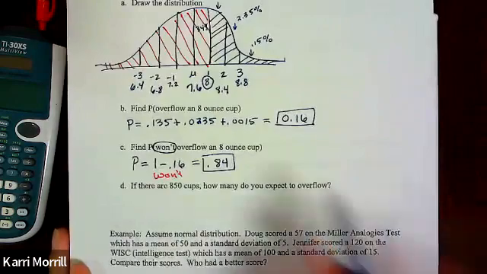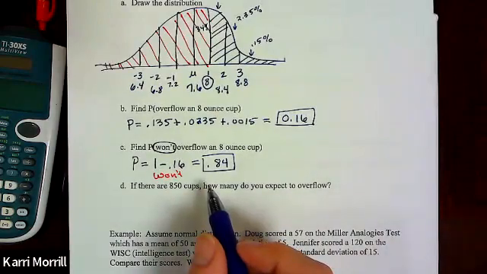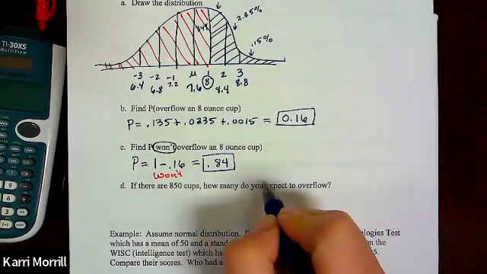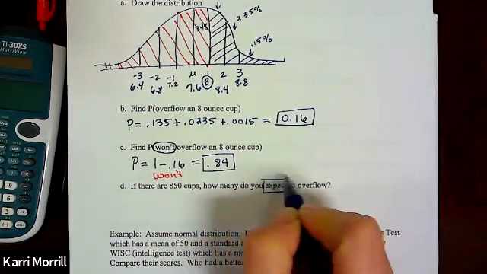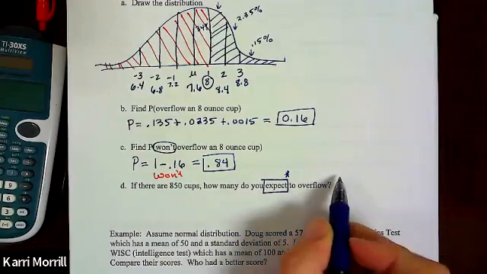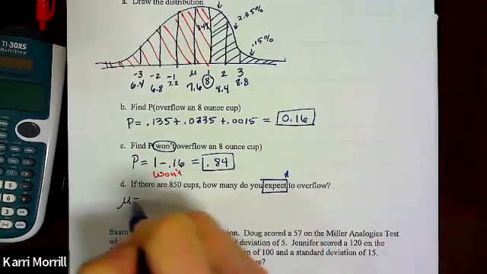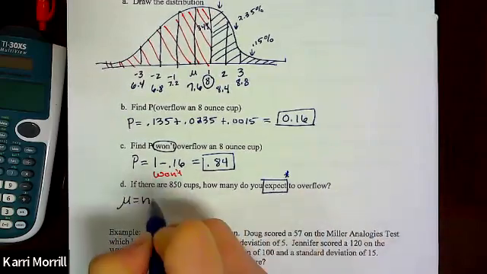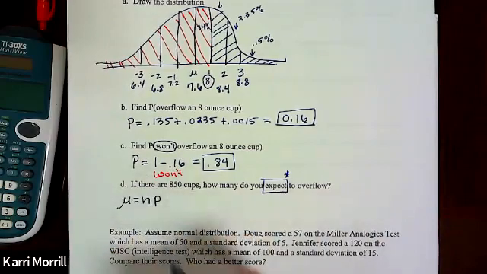If there are 850 cups, how many do you expect, coming back, this is a keyword from your last unit, how many do you expect to overflow? So this is where we're taking the number of cups times the probability that we just found above that it would overflow.